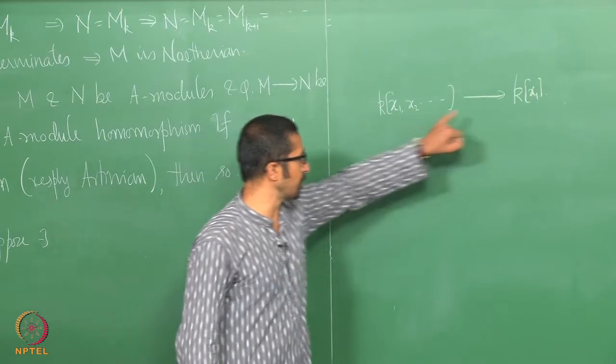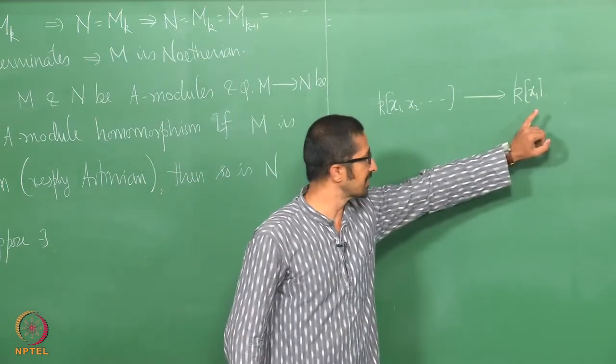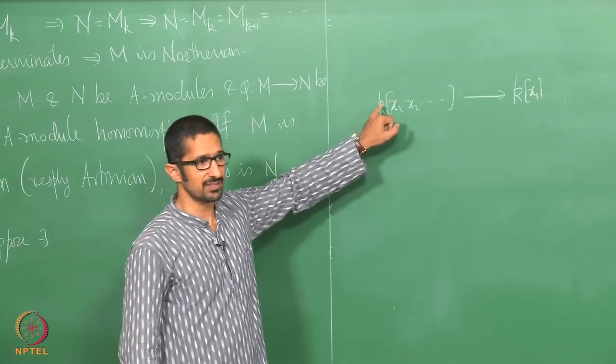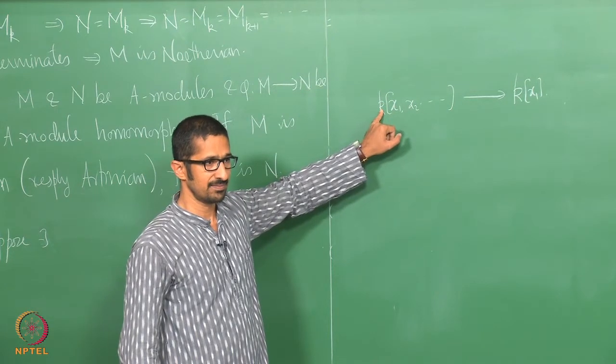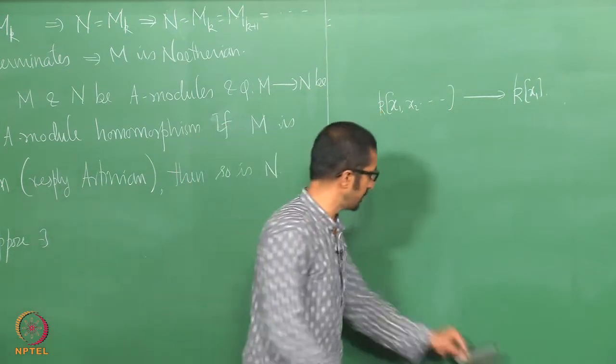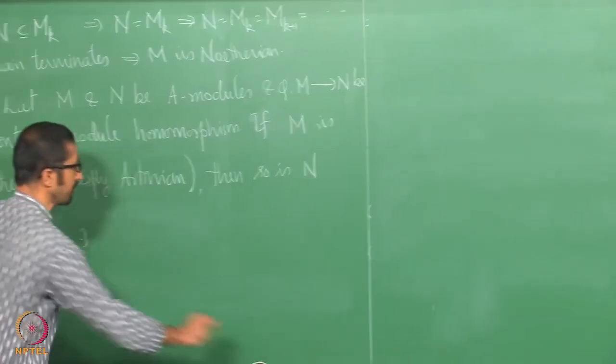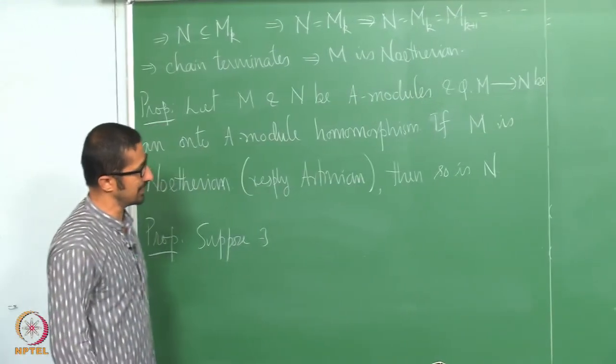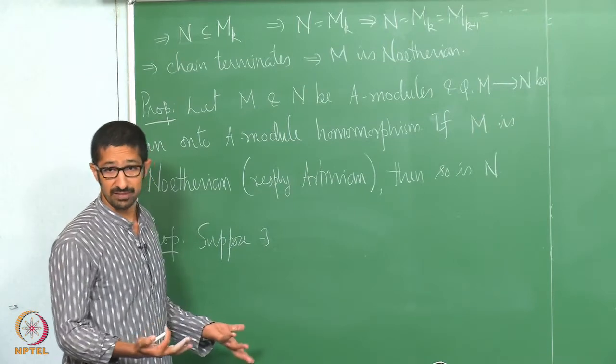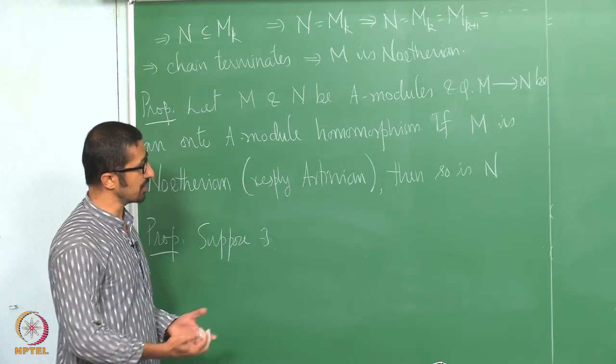That is a surjective homomorphism from here to here. This is Noetherian, but this is not. So the converse is not true: if N is Noetherian, we cannot say M is Noetherian. So, what more do we require?